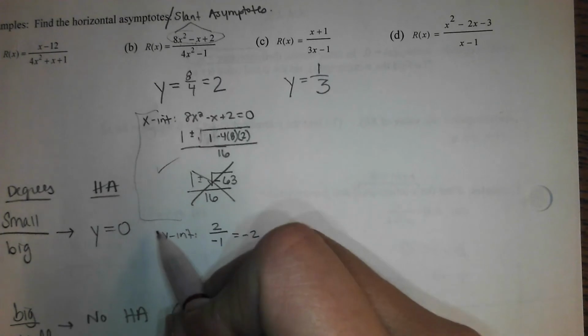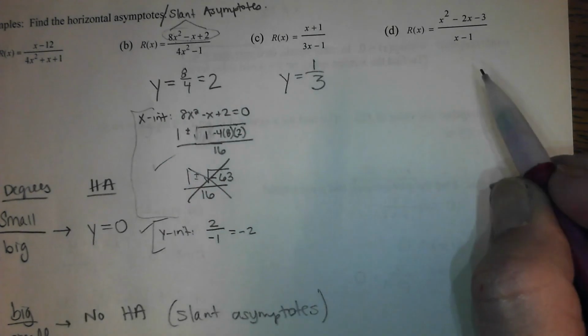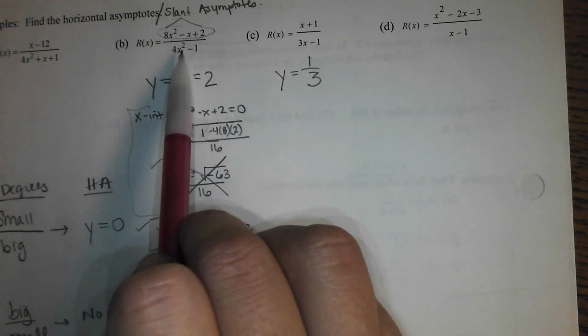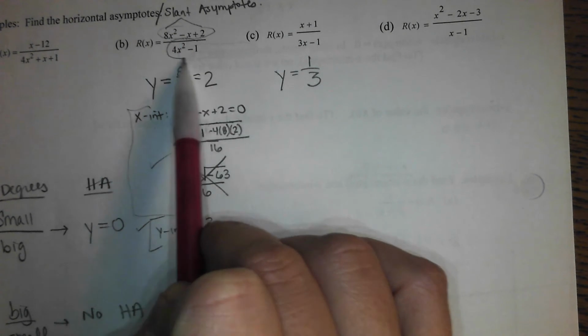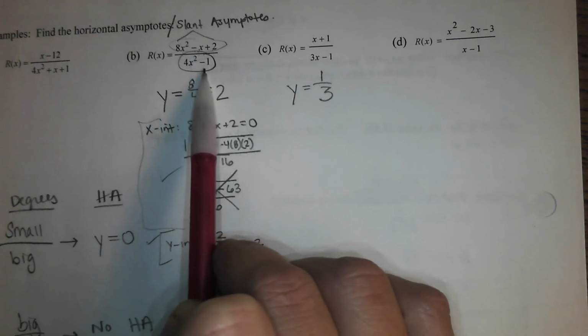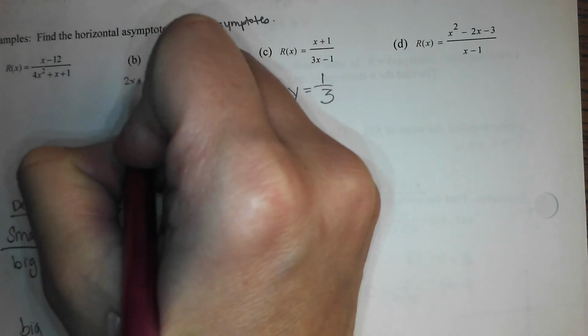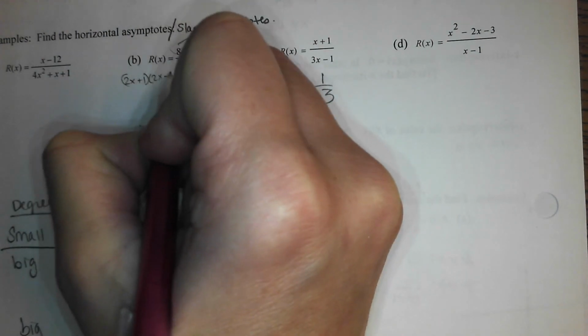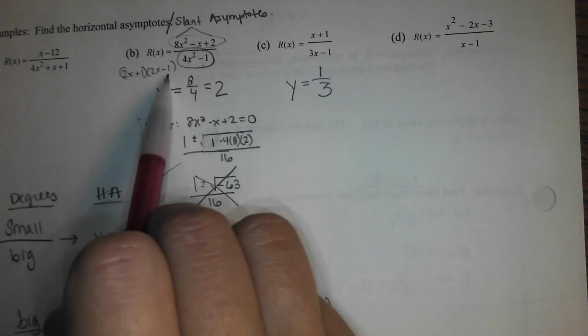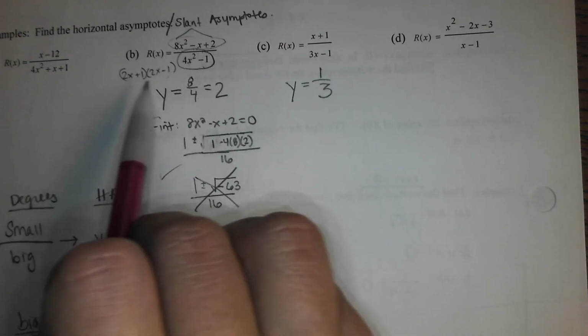What other features do we talk about? Vertical asymptotes, right? Vertical asymptotes come from your denominator. So that does factor into 2x plus 1, 2x minus 1. So your vertical asymptotes are at -1/2 and +1/2. Yes?